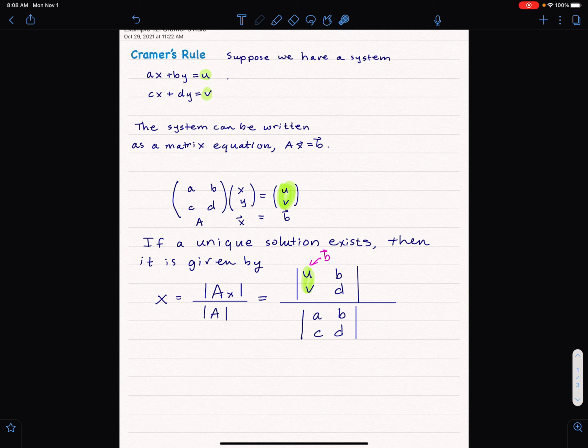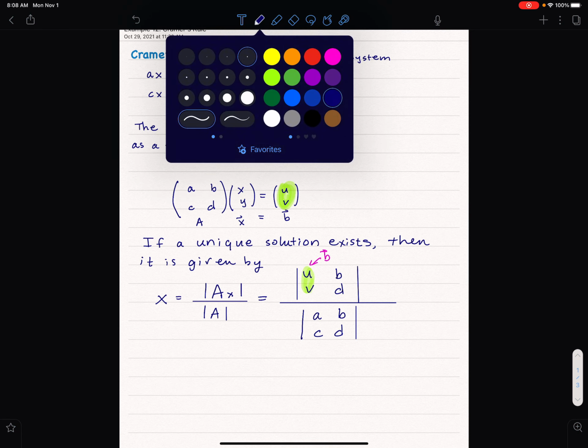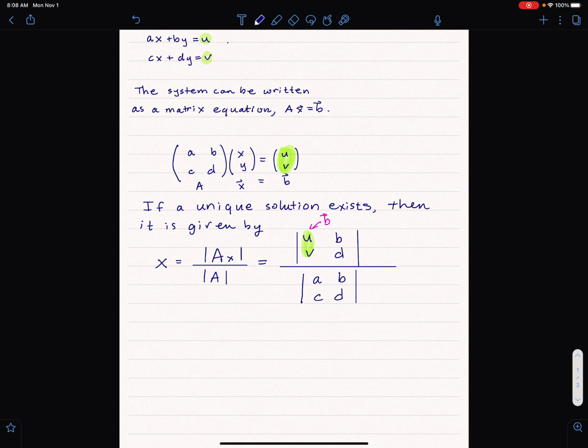In this case, I labeled it x. And then you find those determinants, so these vertical lines mean determinant.